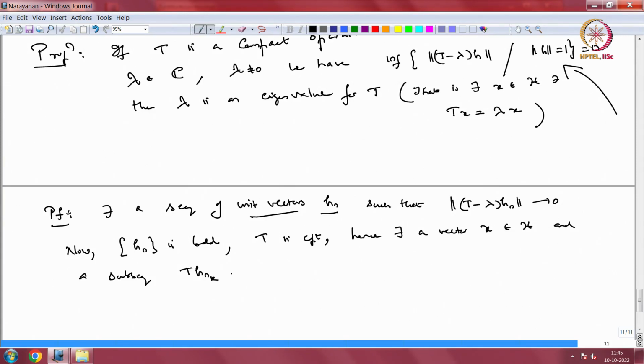Hn is bounded, so I apply T to it and I get a subsequence which converges.